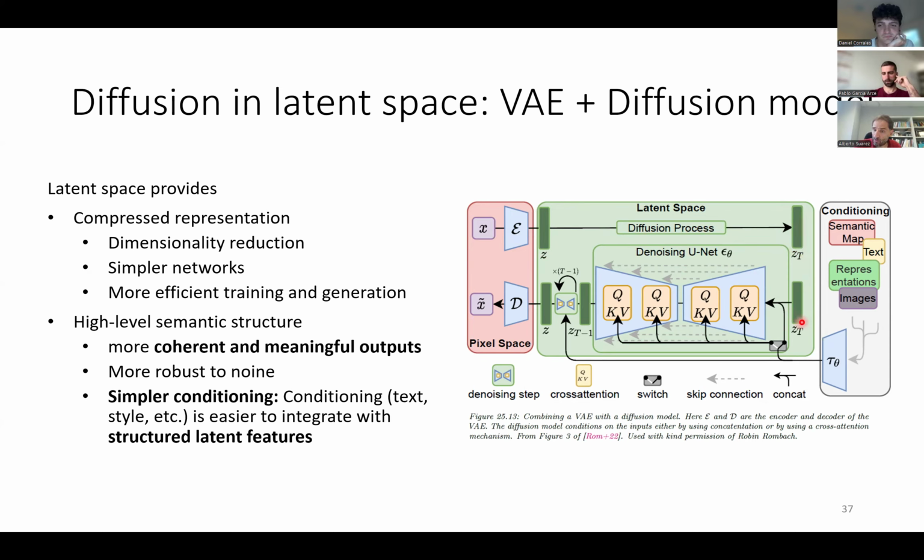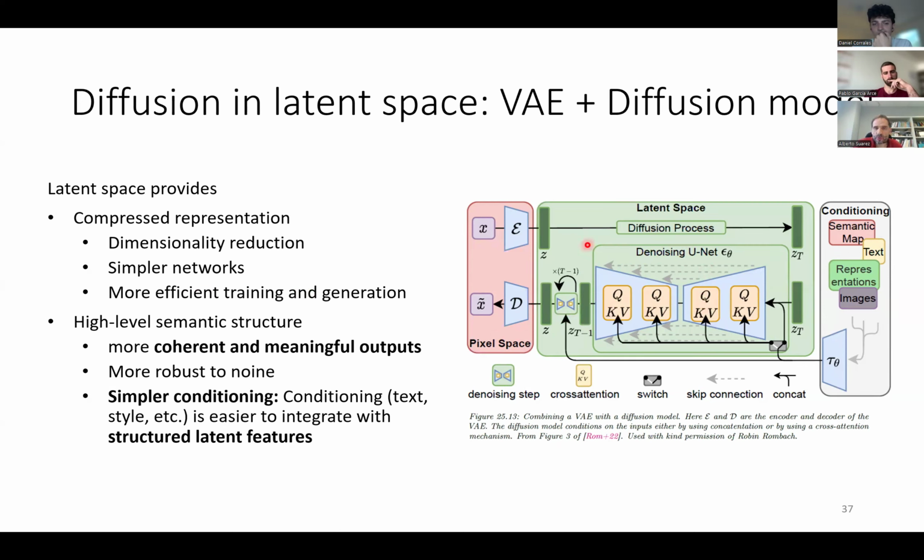What's interesting about this latent representation, first, is the dimensionality reduction. So you could, in principle, use simpler networks to learn how to go back. This is the network, the denoising UNet, that allows you to go back.